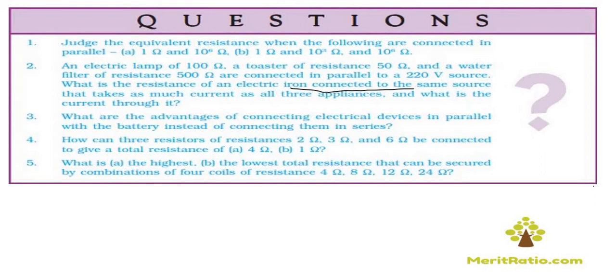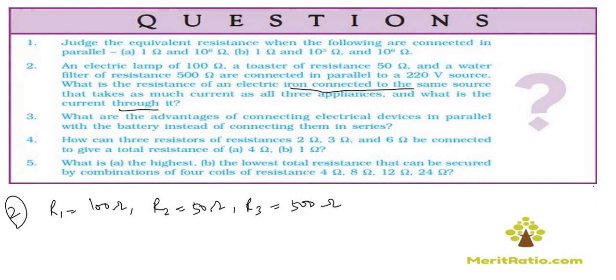What is the current through it? So we have to simply note down all the given resistors. R1 is given 100 ohm, R2 is 50 ohm, R3 is 500 ohm.